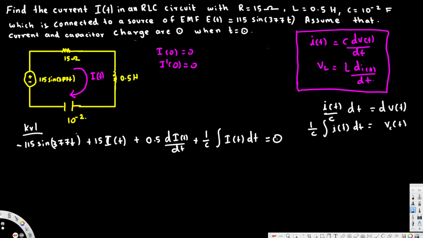Okay, now to get rid of this integral, we are going to take the derivative everywhere. If you take the derivative, this sine is going to become cos, and we also have the inside derivative.